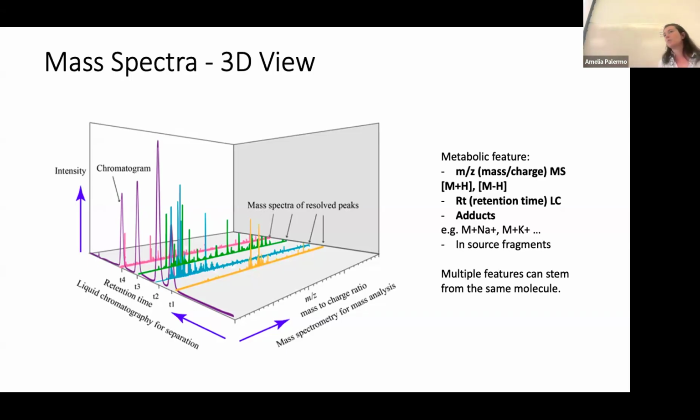Some analytes are more keen to form these adducts, this complex, with elements from the mobile phase or the sample, as opposed to others. That is important because some molecules are more stable in their adduct form when they are ionized, as opposed to their molecular form. So you will see them shifted by a mass that is, for instance, in the sodium case, the weight of sodium. Or if it were formate, it would be the weight of formate, and so on.